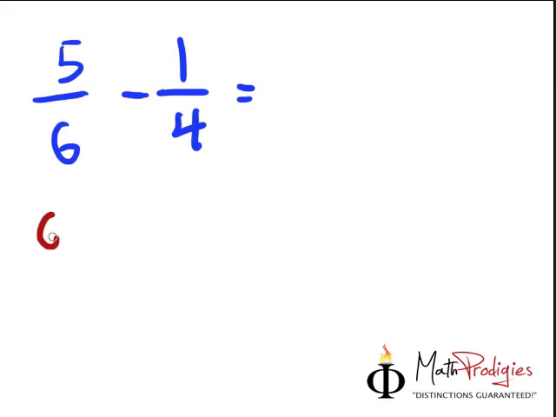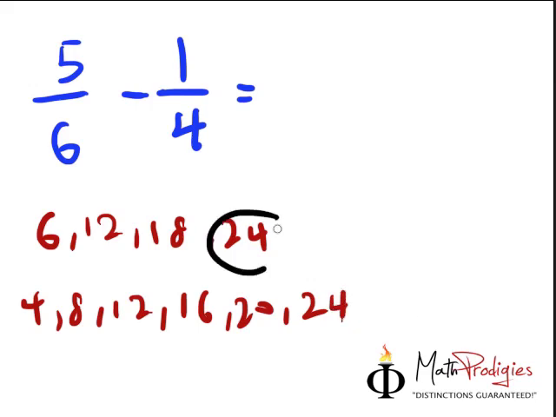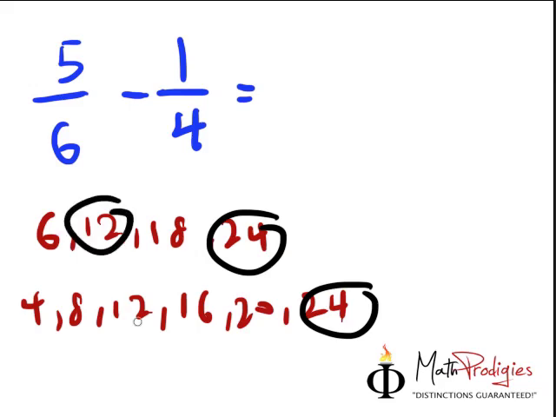So next we say 6, 12, 18, 24. What number does it have in common with 4? 4, 8, 12, 16, 20, 24. Now there are 2 numbers which are the same here, 24 and 12. But let's take the first number which is the same, in this case 12. So 6 times 2 gives me 12.